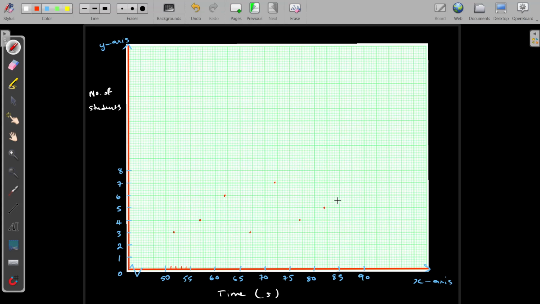So now my question to you is, what are the points that we're going to use to enclose this frequency polygon? So I'm going to be connecting these points first. I want you to think about where this frequency polygon will be enclosed.